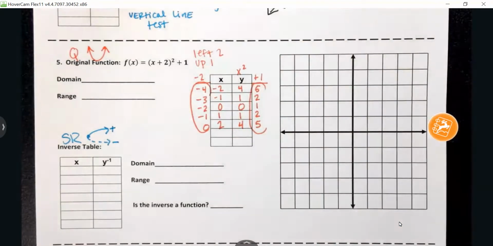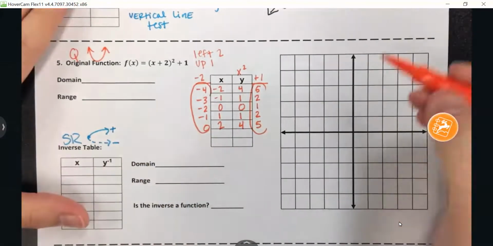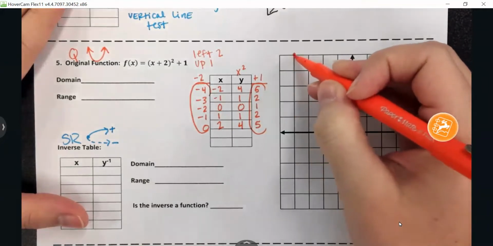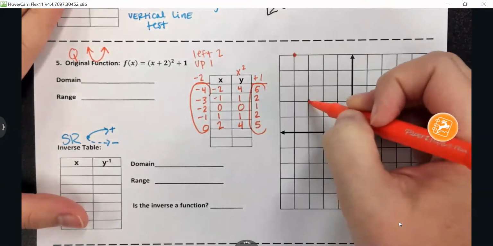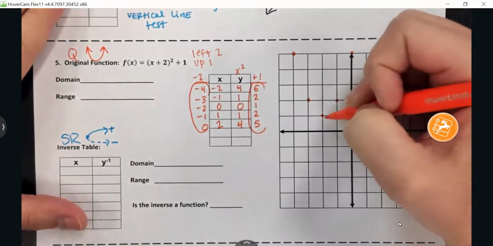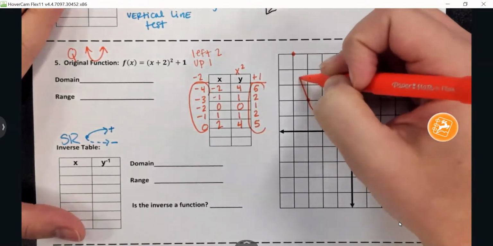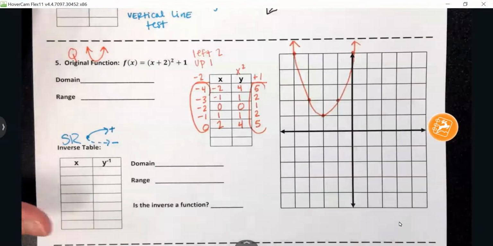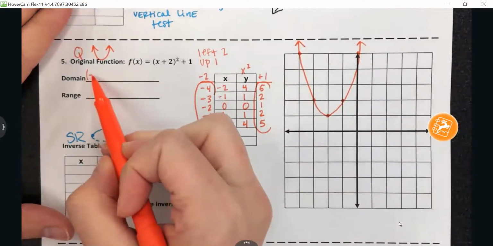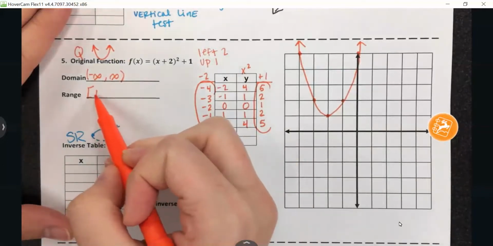So graph those points and get your domain and your range.